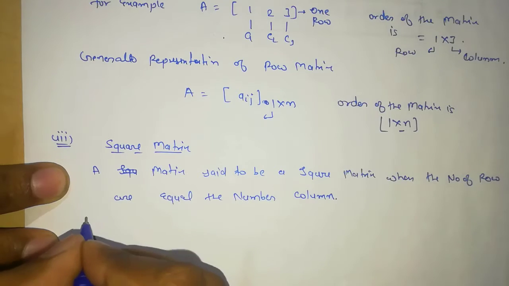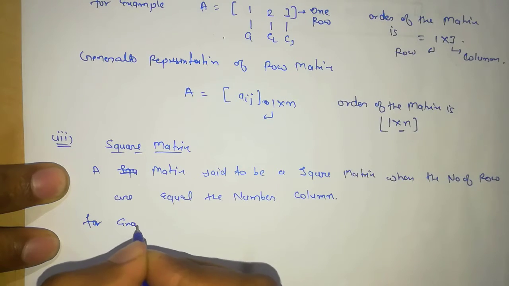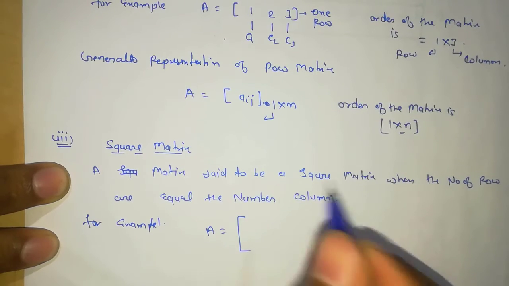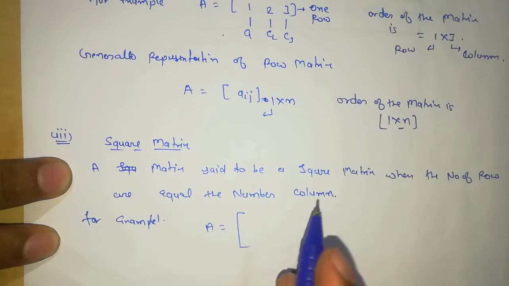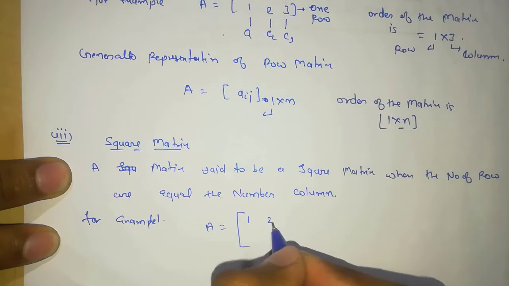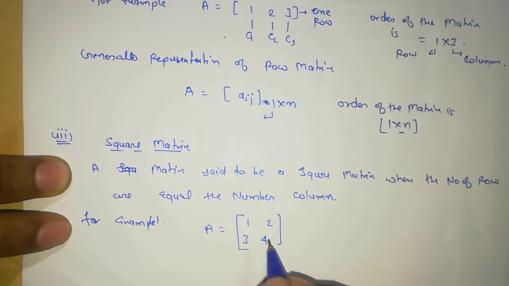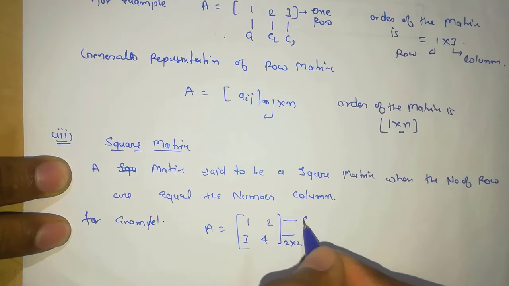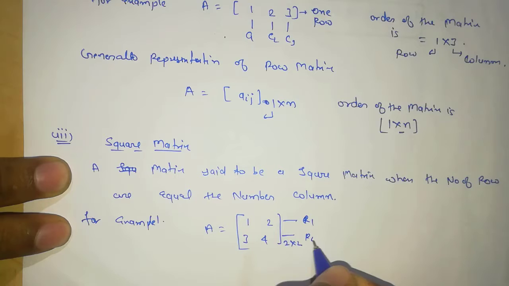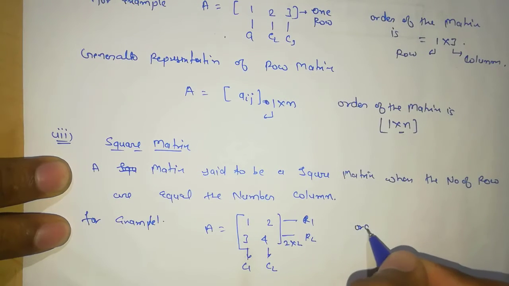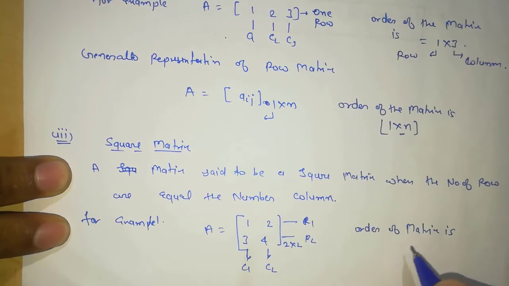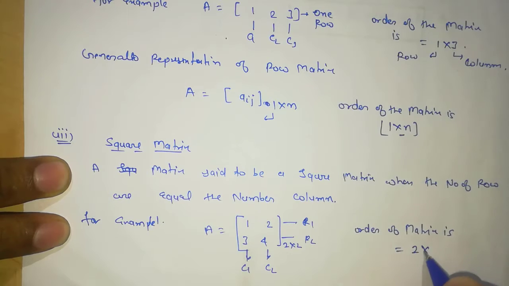For example, A equals, the rectangular box represents the matrix, 1, 2, 3 and 4. It is 2 into 2, which means it contains 2 rows, R1 and R2, and 2 columns, C1 and C2. The order of the matrix is 2 cross 2.